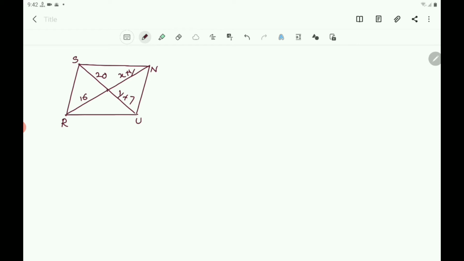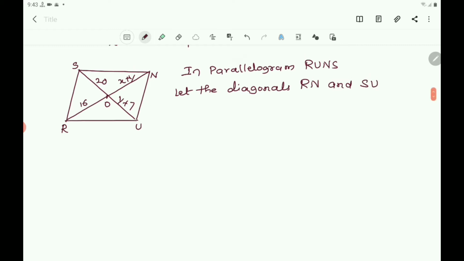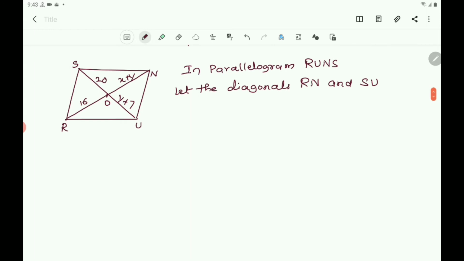So let us take, they intersect at a point O. So in parallelogram RUNS, let the diagonals RN and SU intersect at O.